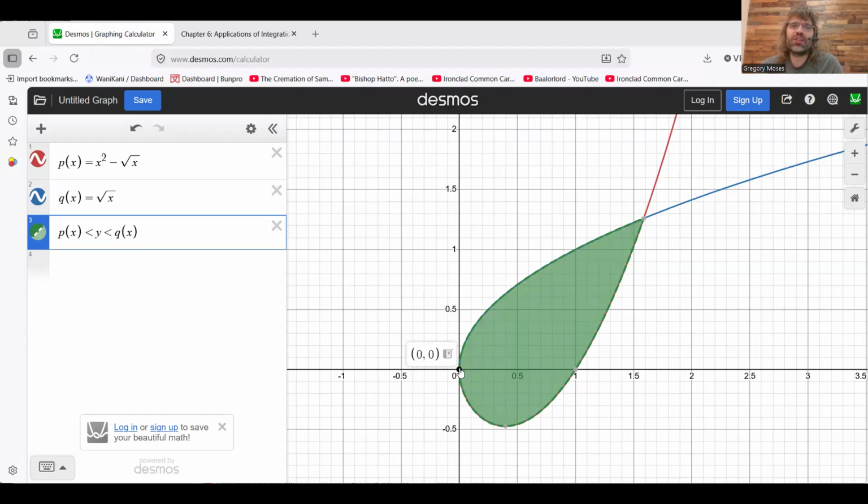And we probably could just have seen this graphically, that this region starts at x equals 0. And you see now there's a gray dot at this second point of intersection. It ends at about 1.5874.